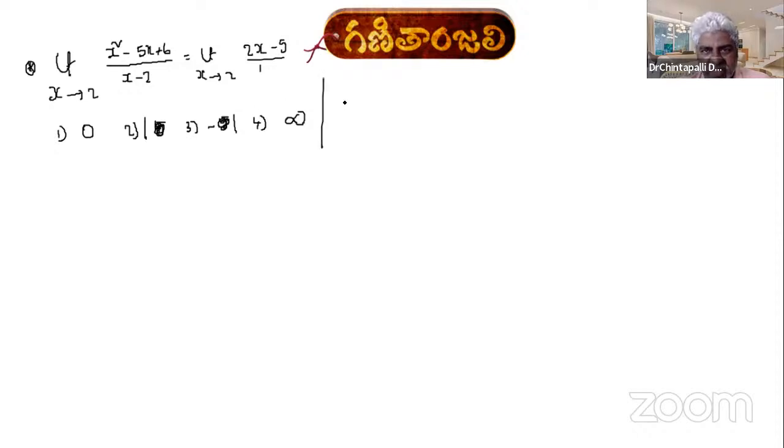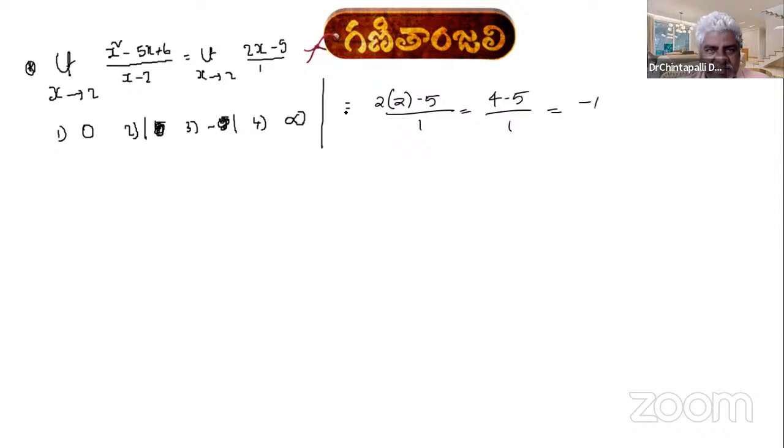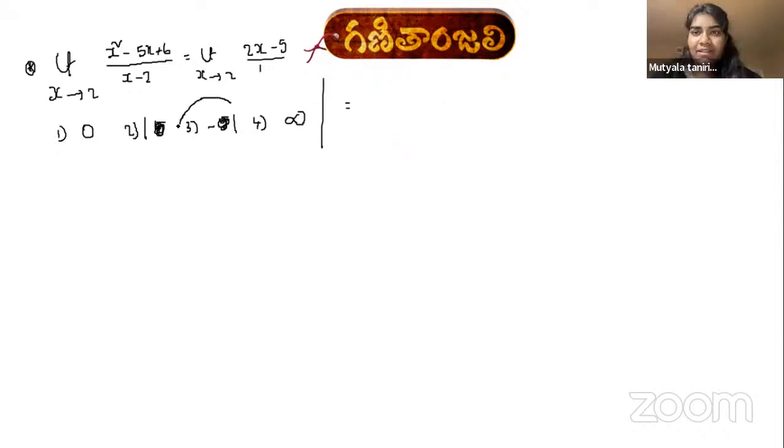Do the calculation here. 2 times 2 minus 5 over 1. That's 4 minus 5 over 1. That equals negative 1. Yes, very good, very good. That's it. Option 3, sir. That's good, right.